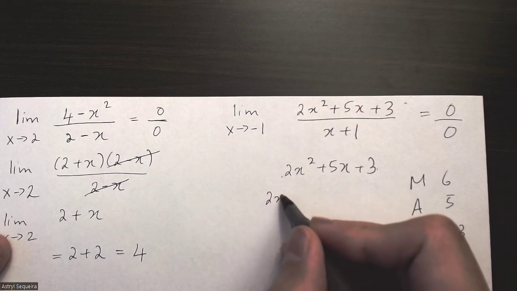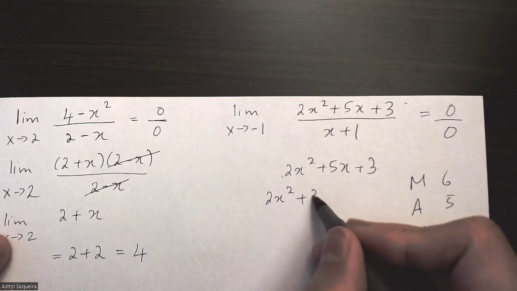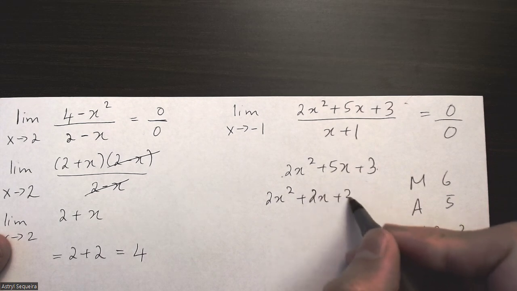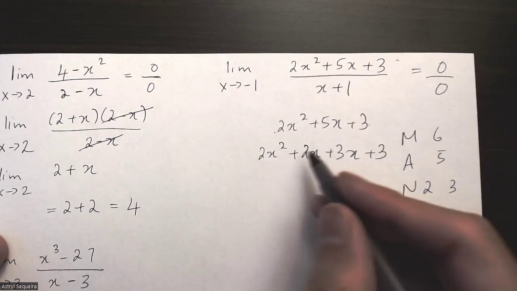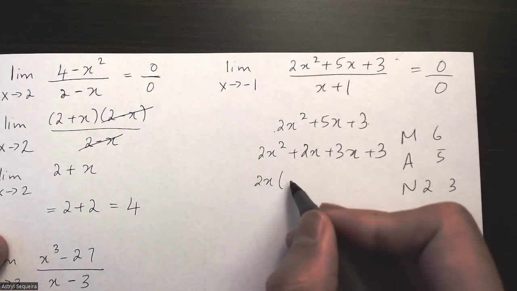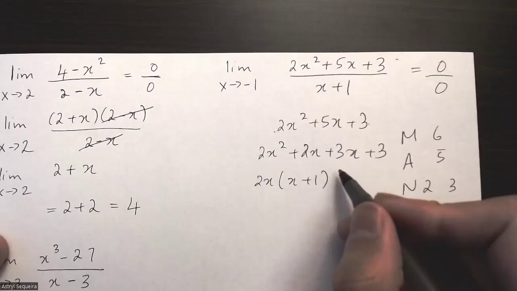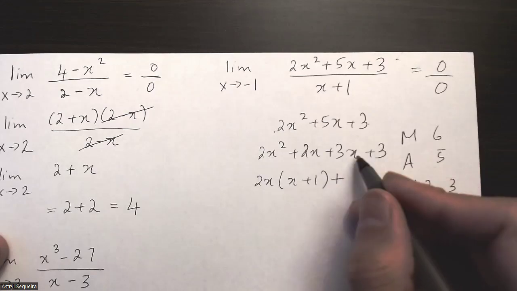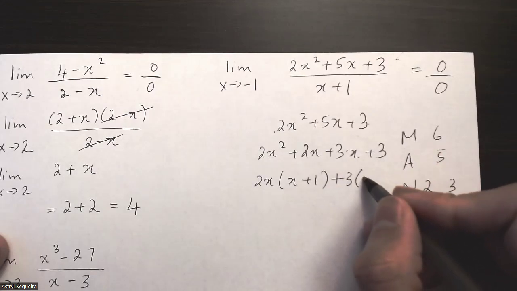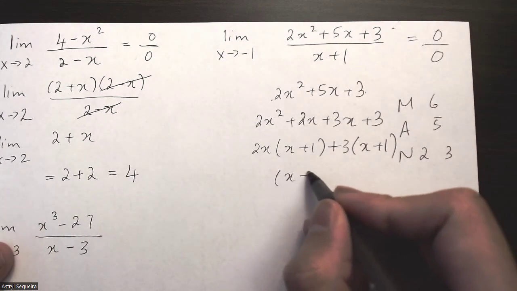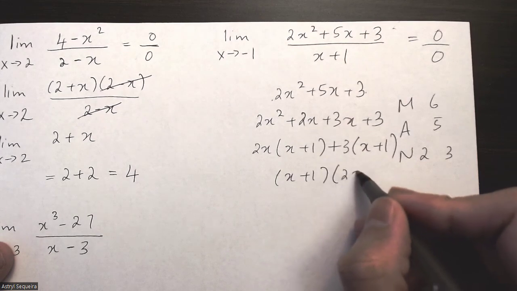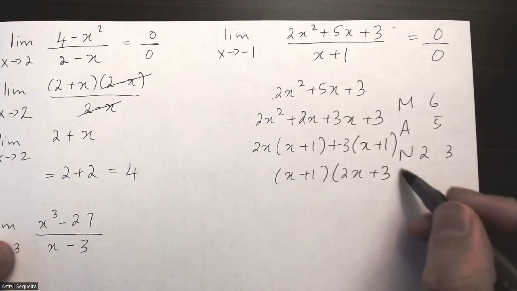I'll factor by grouping now, so 2x squared plus 2x plus 3x plus 3. Common factor these two, it's 2x, and I'm left with x plus 1. Common factor these two, I'm left with 3x plus 1. I'm left with x plus 1 times 2x plus 3.